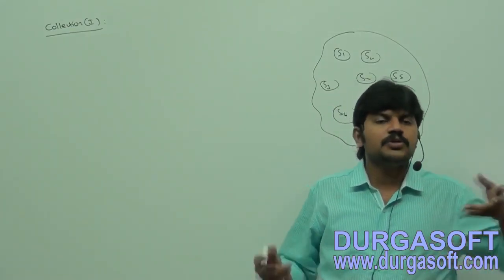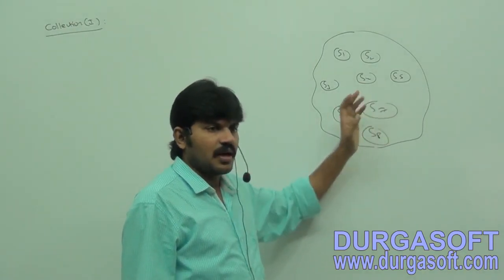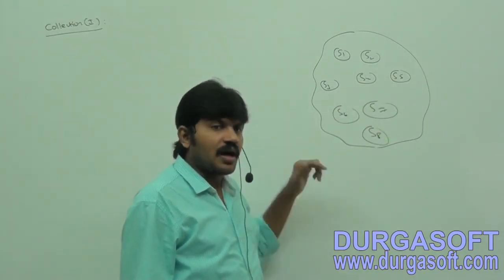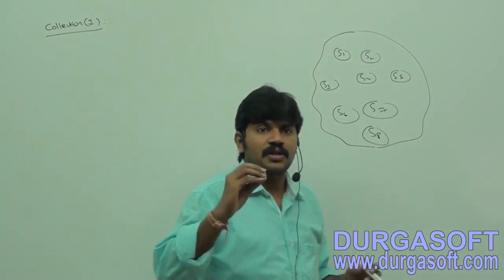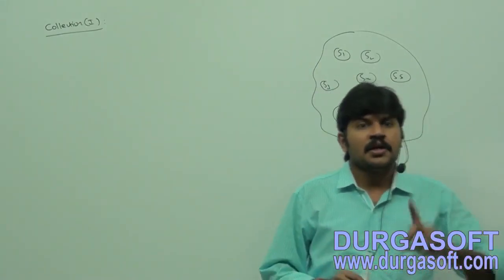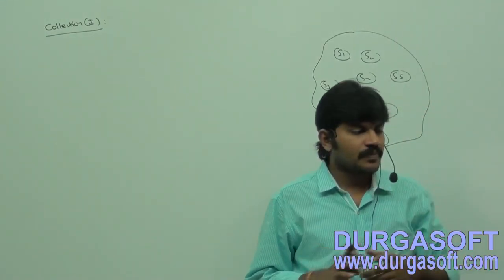Can you spell out which methods are commonly required? I want to add an object, or remove an object, or check how many objects are there. These methods are present inside the Collection interface. Is it clear at the first point?